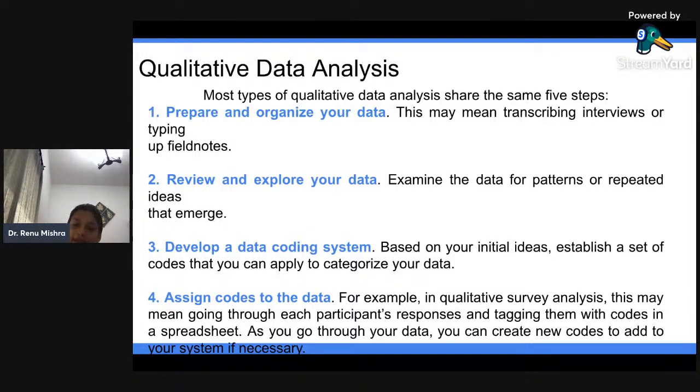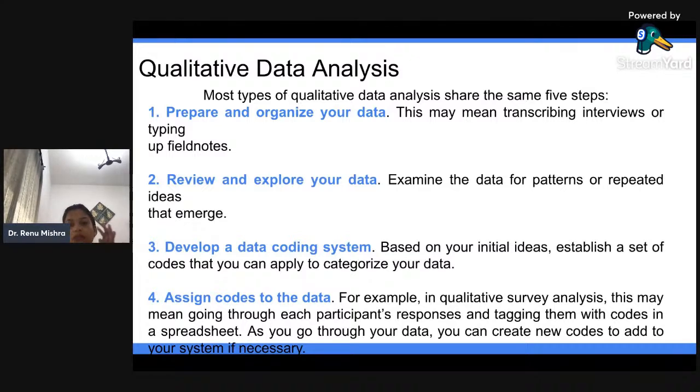Then what you do is a coding system. What is a coding system? Basically, you provide codes to the responses or to the factors which you have identified from the responses given by the respondents. For example, in qualitative survey analysis, you go through each response and tag it with a code.